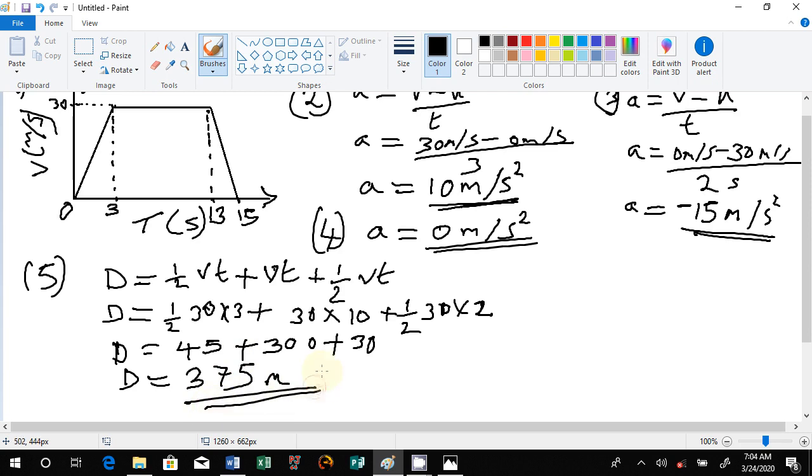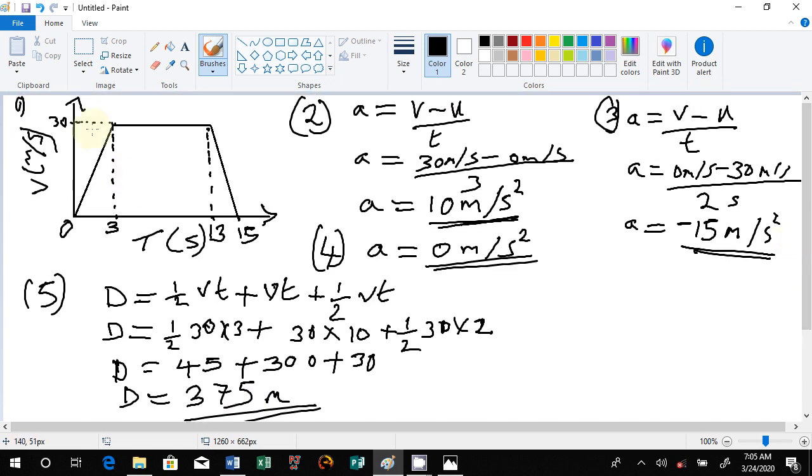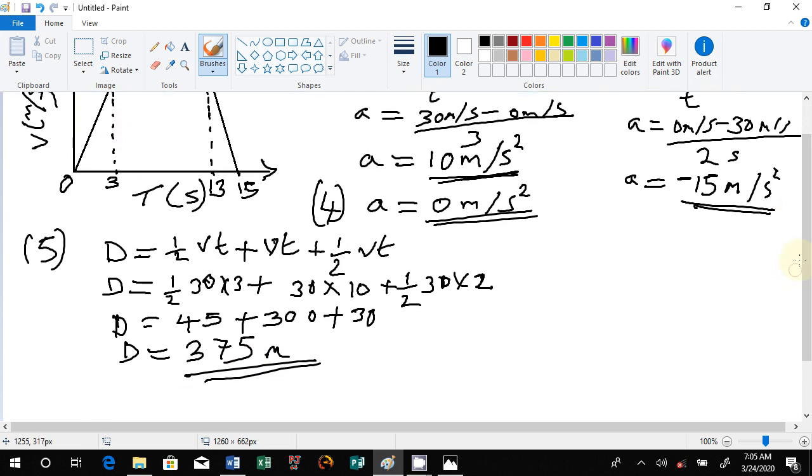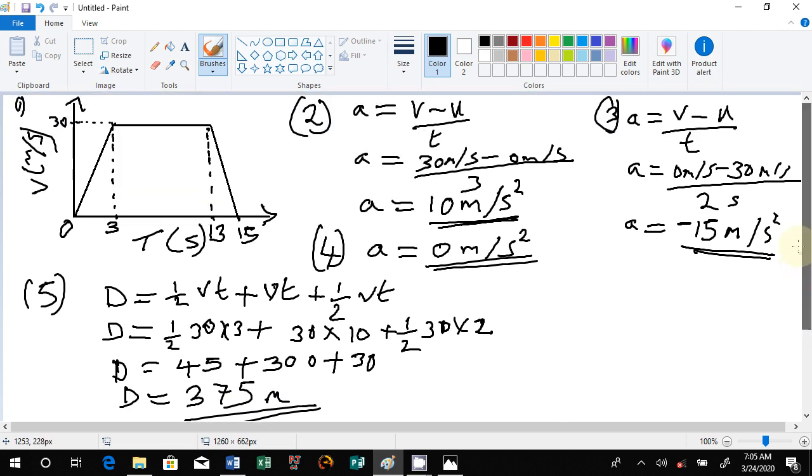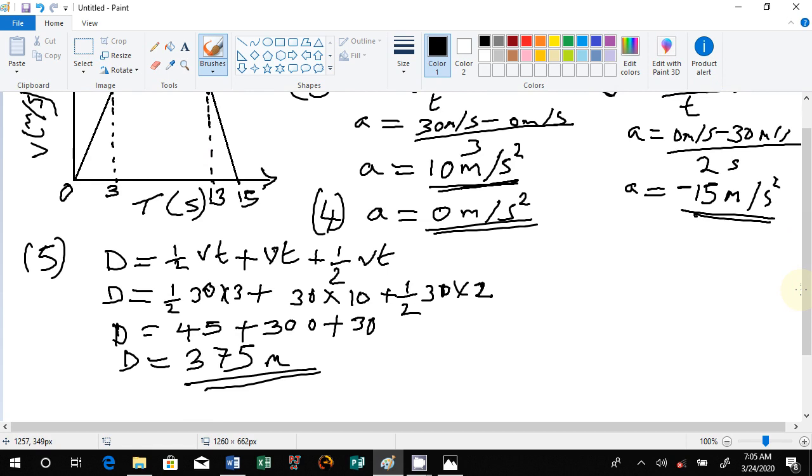That is the total distance covered by this vehicle in this motion. So it's very important to note that a distance represented by a velocity time graph or speed time graph is just equivalent to the area of the shape created, and that is physics.